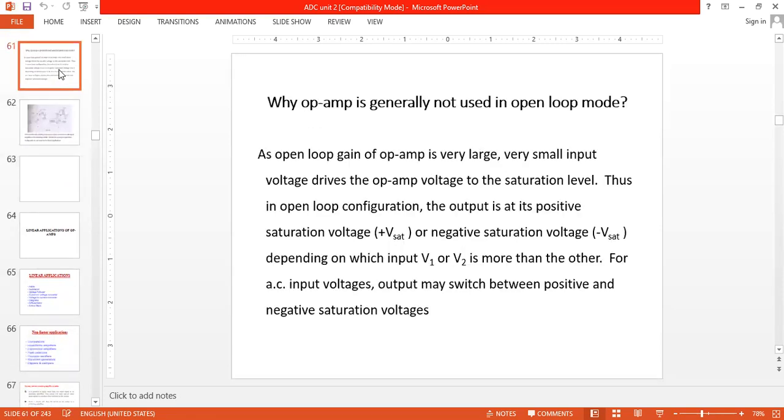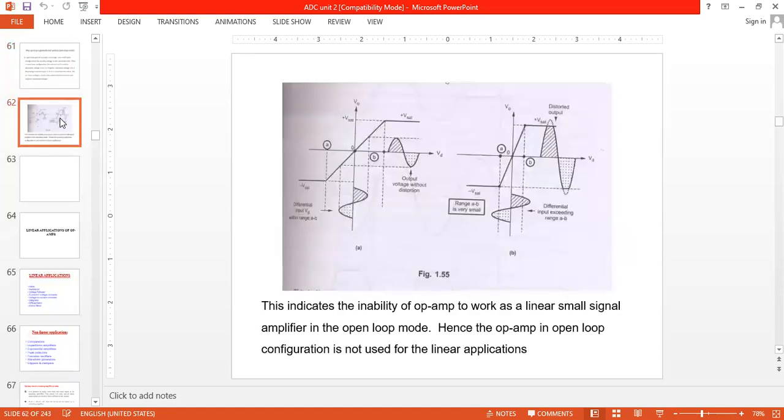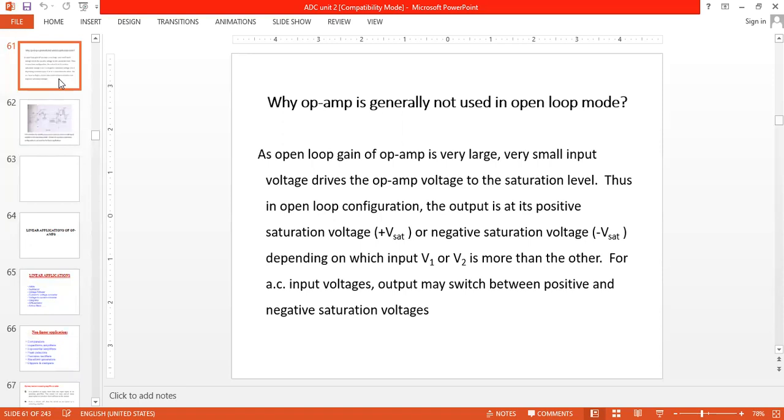Why is the op-amp generally not used in the open loop mode? That is what we have to define. Okay. For example, in open loop condition we have high gain, but there is no control of gain. That means we cannot vary the output gain. Okay, that means we have some standard output for a standard input.